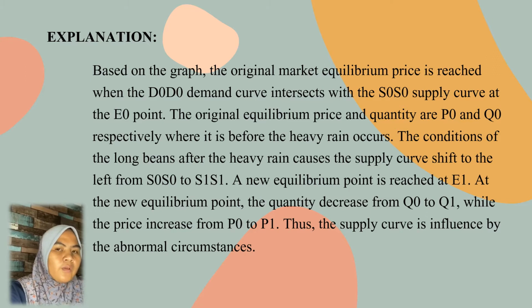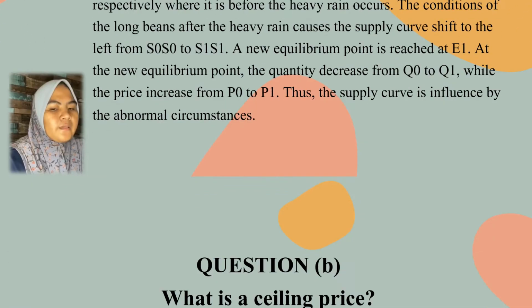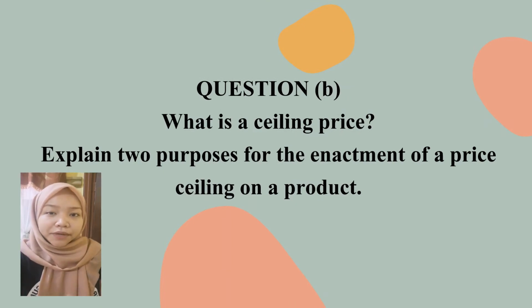At the new equilibrium point, the quantity decreased from Q0 to Q1, while the price increased from P0 to P1. Thus, the supply curve is influenced by the abnormal circumstances.